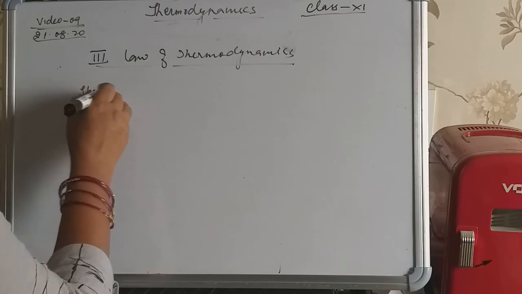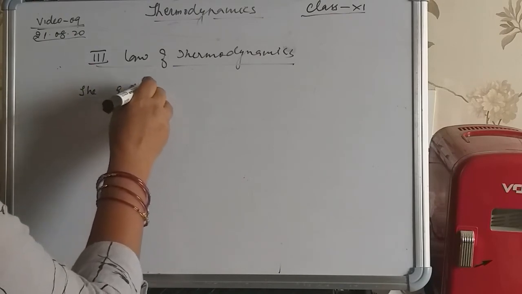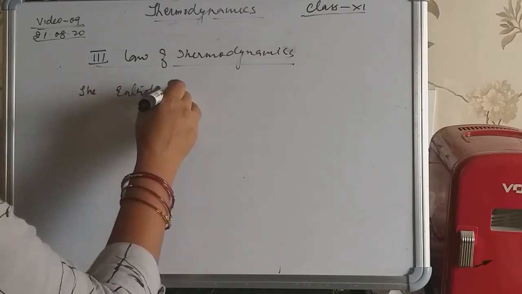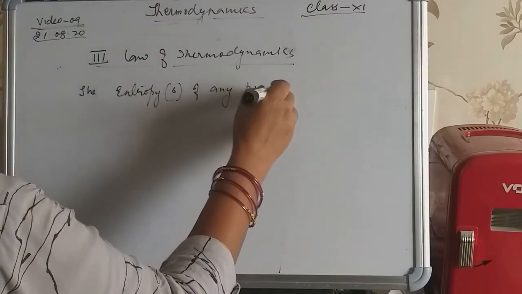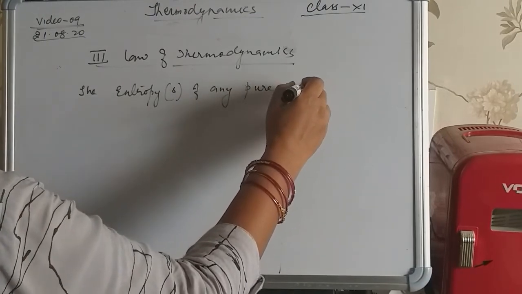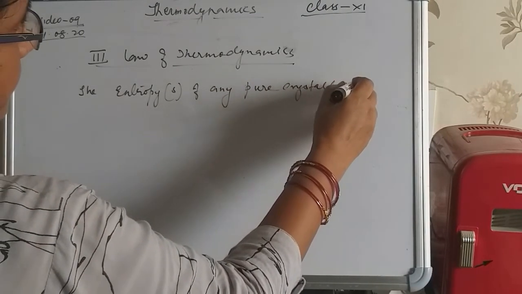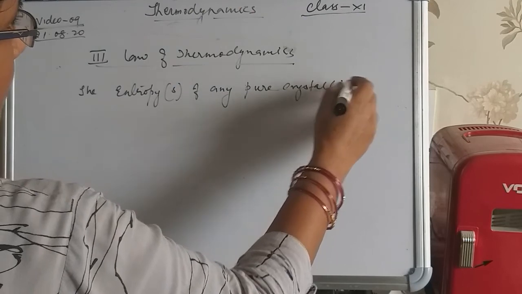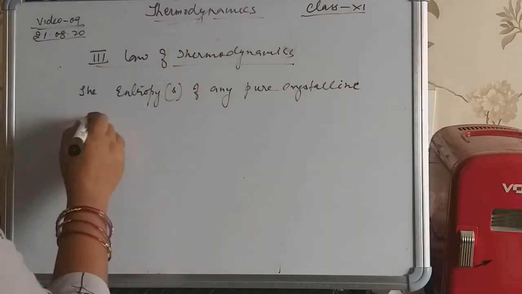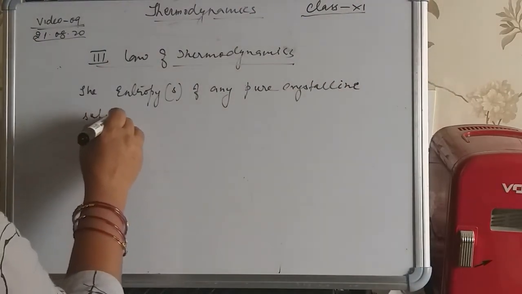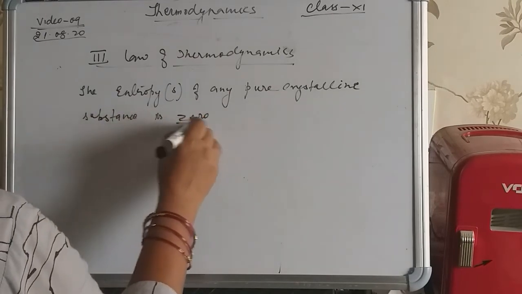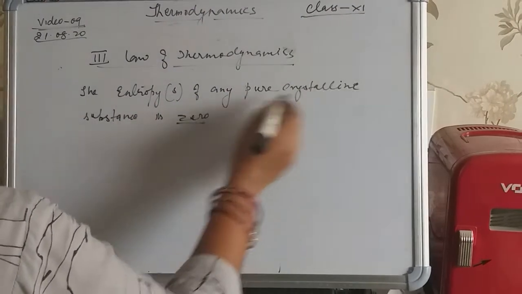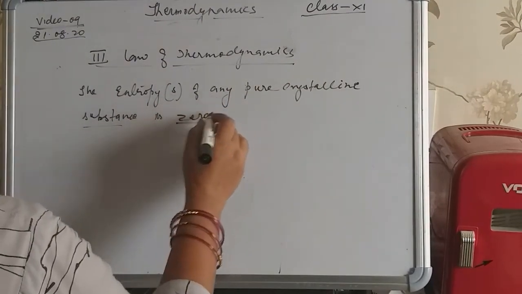The third law of thermodynamics states that the entropy of any pure crystalline substance is zero. The entropy of any pure crystalline substance is 0.